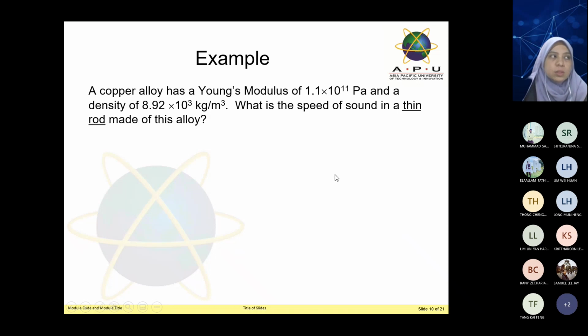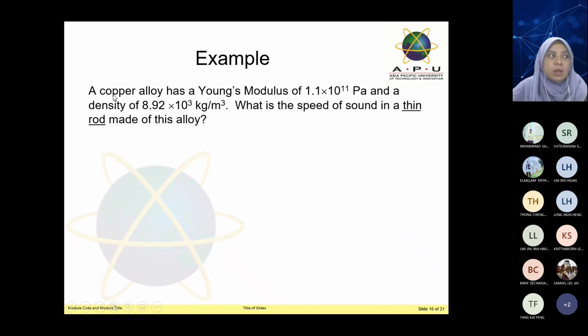Okay, so first we need to know what type of alloy. Here it is mentioned copper alloy. Why do we need to know the type? Because if the density value is not given in the question, you must find the density value from a table.